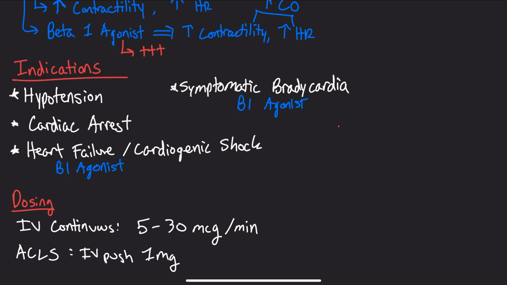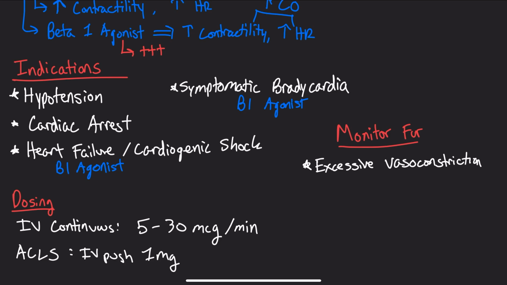As far as things to monitor for and some adverse effects, the main one here is that you'll get excessive vasoconstriction from that alpha 1. This could lead to extreme hypertension and also decreased organ perfusion.